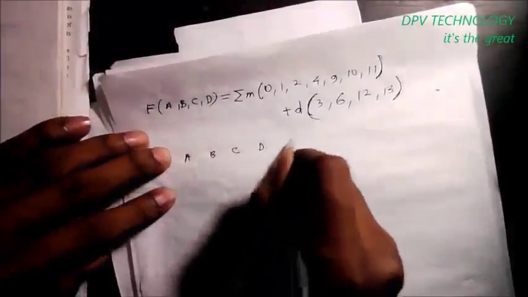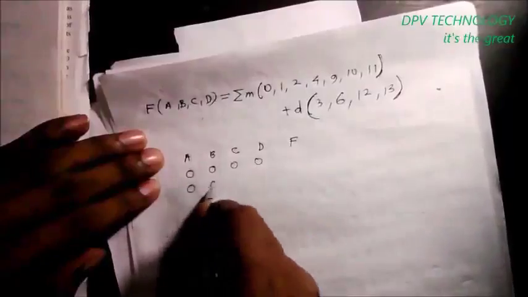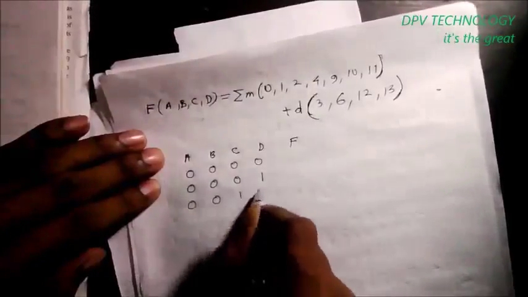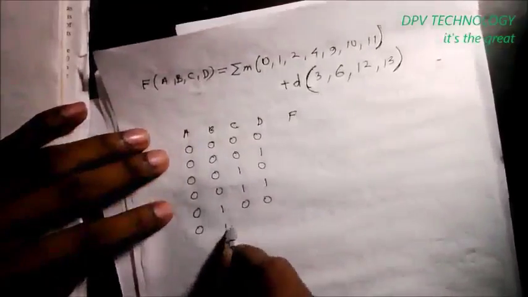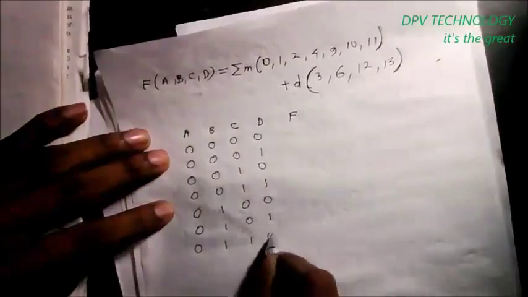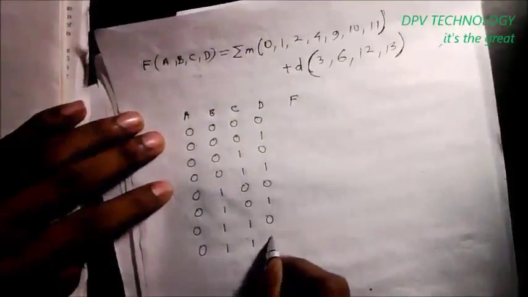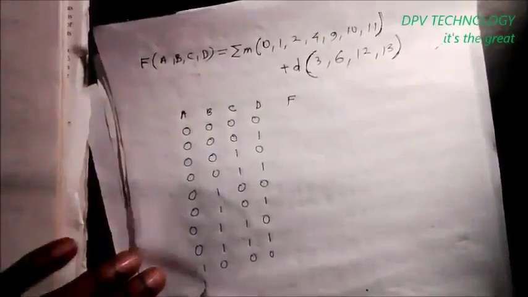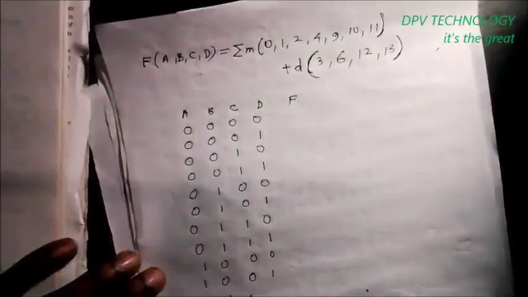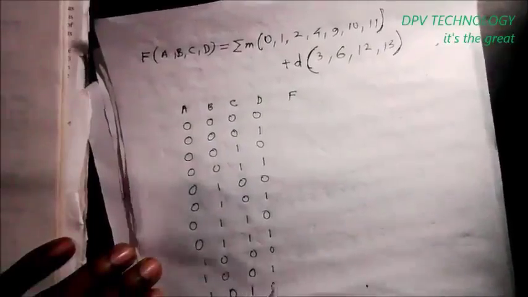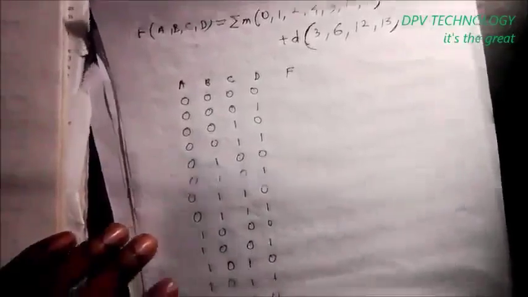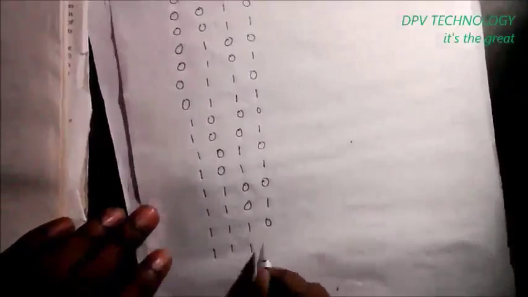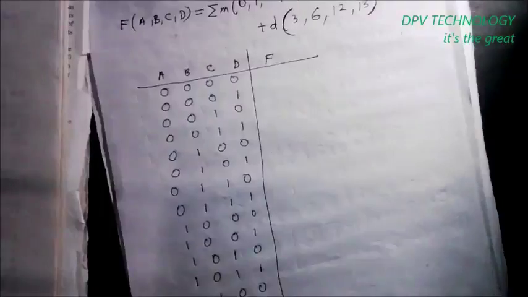A, B, C, D, F. 0 0 0 0, 0 0 0 1, 0 0 1 0, 0 0 1 1, 0 1 0 0, 0 1 0 1, 0 1 1 0, 0 1 1 1, 1 0 0 0, 1 0 0 1, 1 0 1 0, 1 0 1 1, 1 1 0 0, 1 1 0 1, 1 1 1 0, 1 1 1 1. Let's put the function F here.